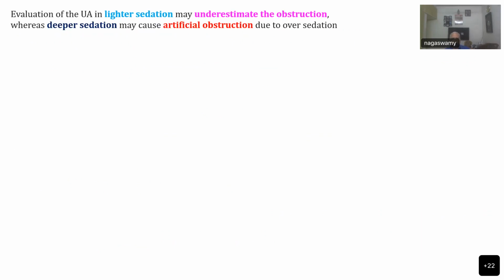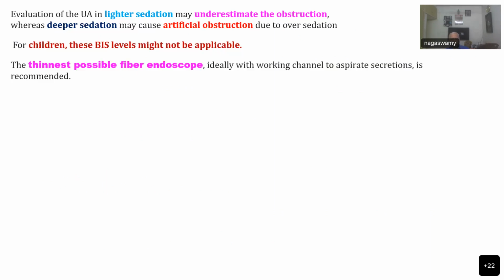Lighter sedation, as you said, may underestimate the obstruction, and deeper sedation may overestimate it. So it should be ideal sedation. It should mimic natural sleep and produce the same condition as it happens in a patient with OSA. And in children, these values may not be applicable. That's one drawback when you do it in a pediatric patient.